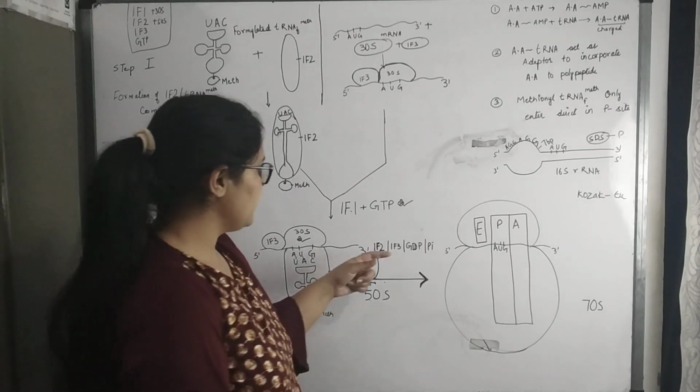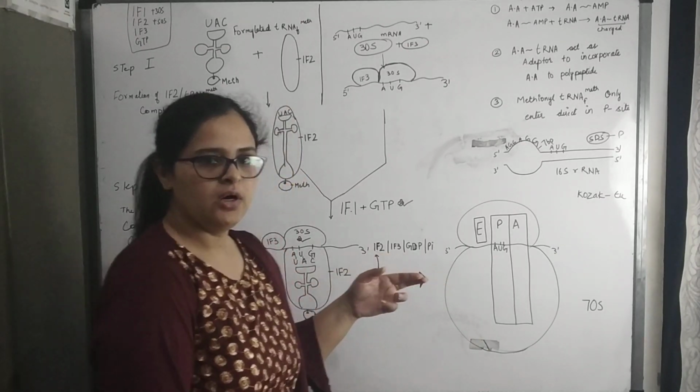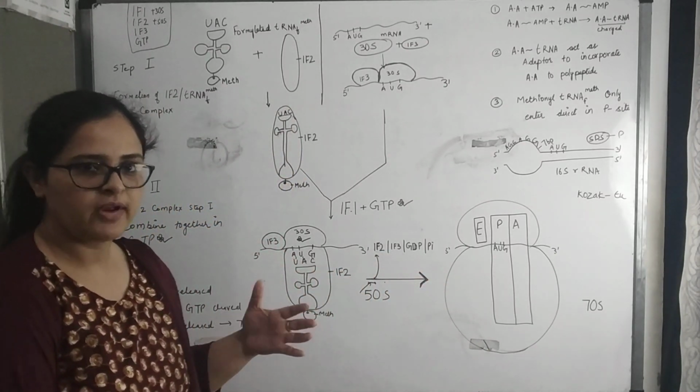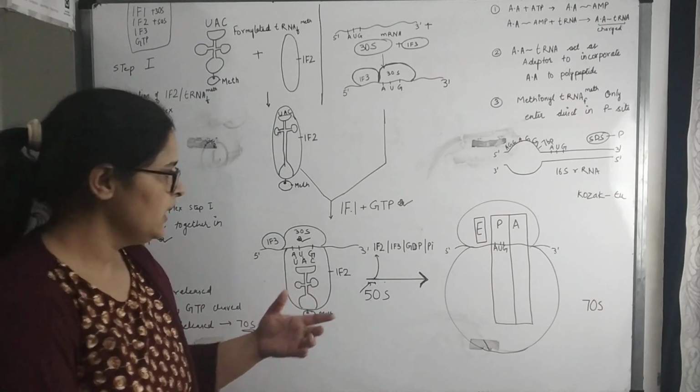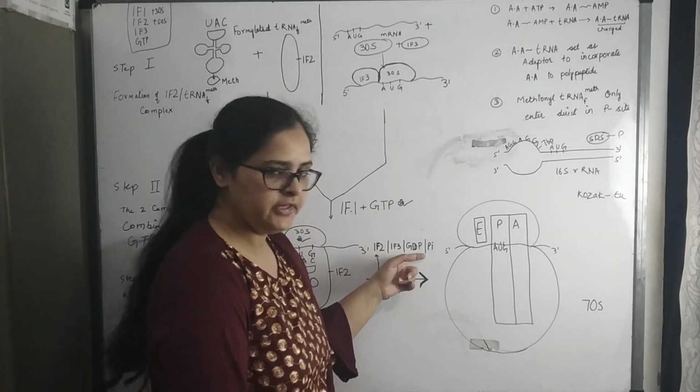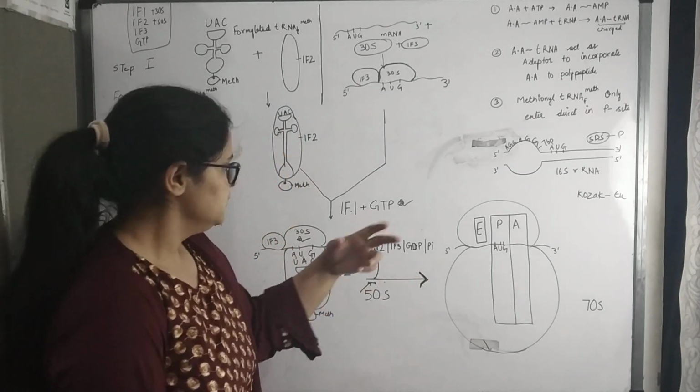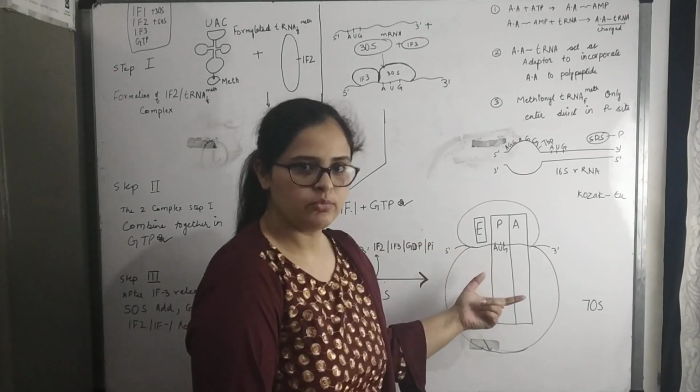Okay, so once IF3, IF2 and IF1, all the initiation factors, release the assembly, GTP will break down into GDP and Pi, and the step 3 complex will be formed.